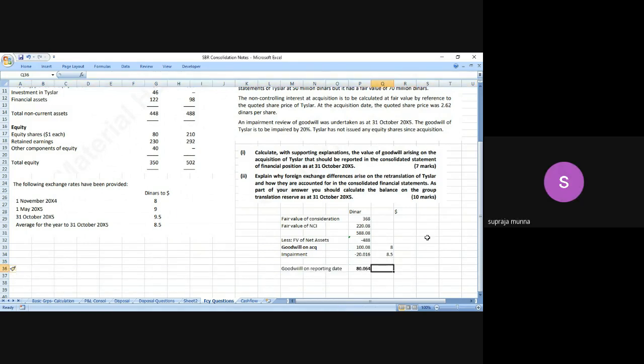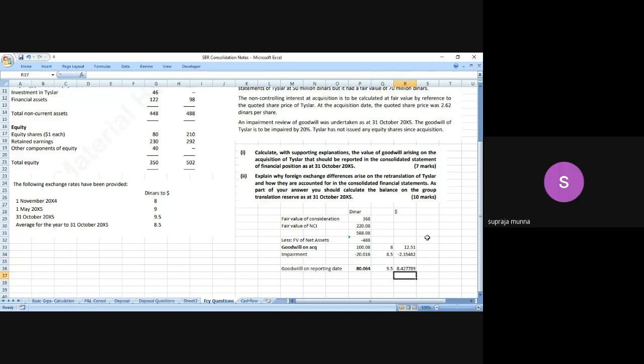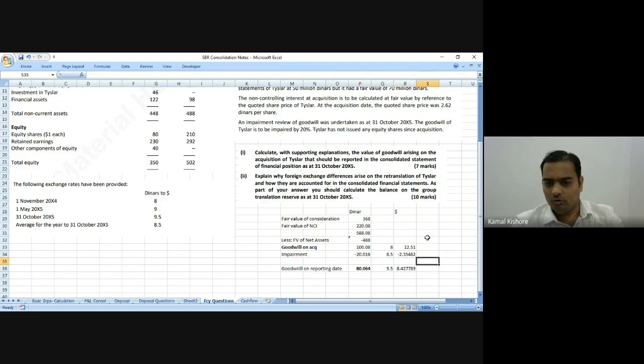And the closing rate is what? 9.5. Okay. So opening 100. Impairment will be this, and closing will be this. So this is goodwill opening.